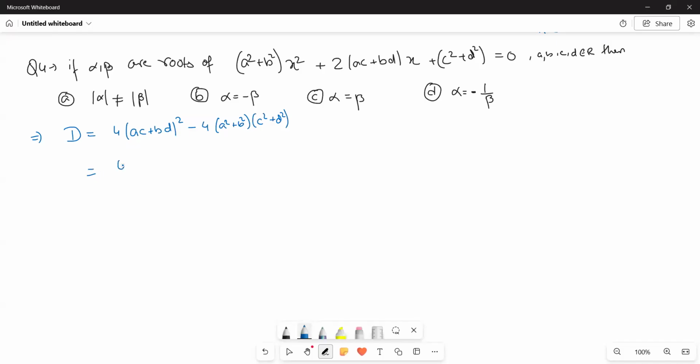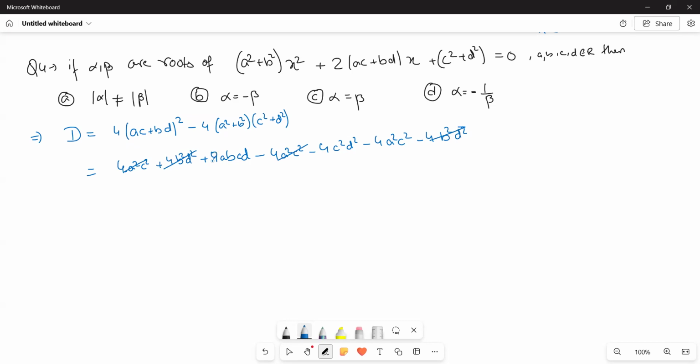This would be 4a square c square plus 4b square d square plus 8abcd minus 4a square c square minus 4a square d square minus 4b square c square minus 4b square d square. So a square c square and b square d square will cancel off.